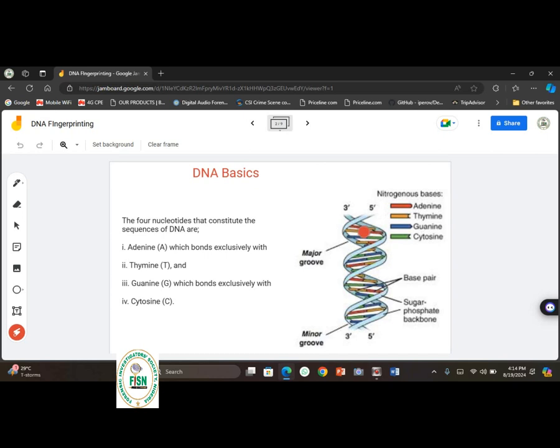That's how they twist with one another, the nucleotides.